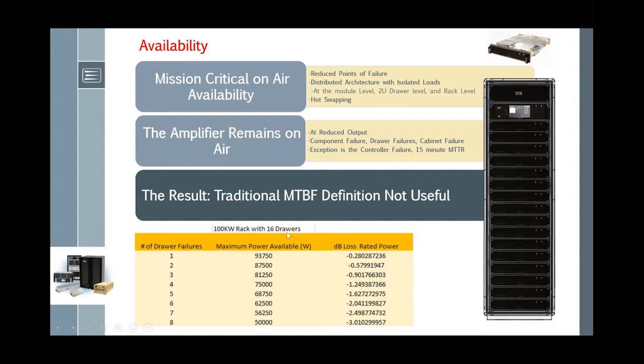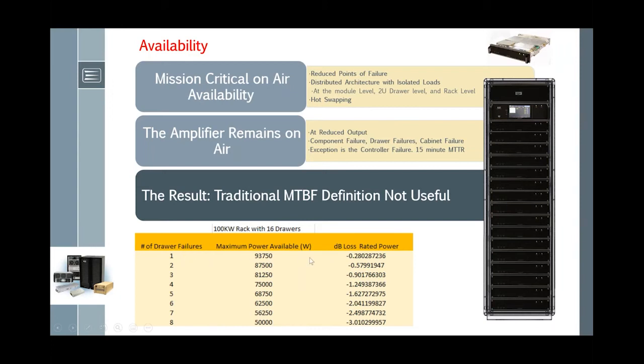So I'm showing the case of when 1 drawer fails or 2 drawers fail and so on. For simplicity, the more likely scenario is 1 pallet out of a drawer would fail, in which case the numbers are even higher. But let's just imagine, say, the driver of a drawer fails or the power supply fails. In this case, the amplifier would still output almost 94 kilowatts.